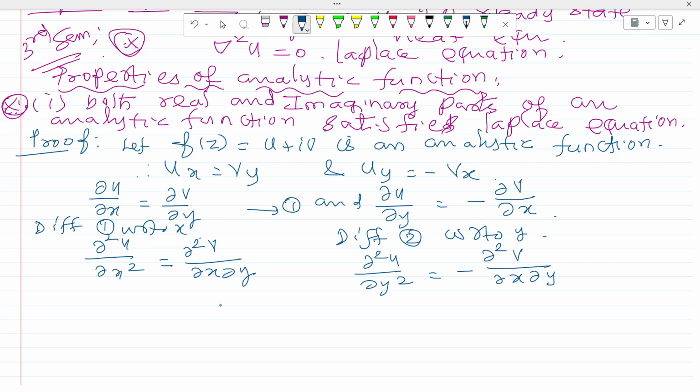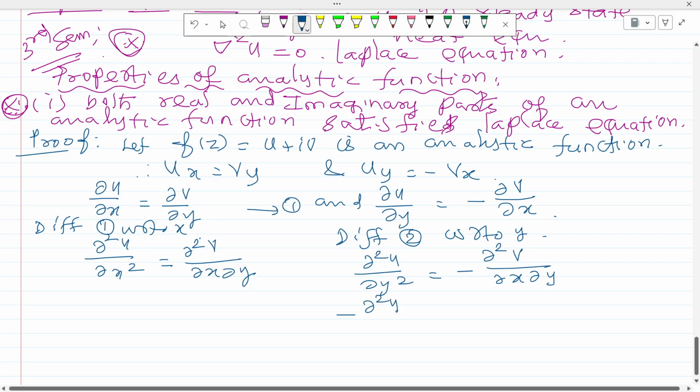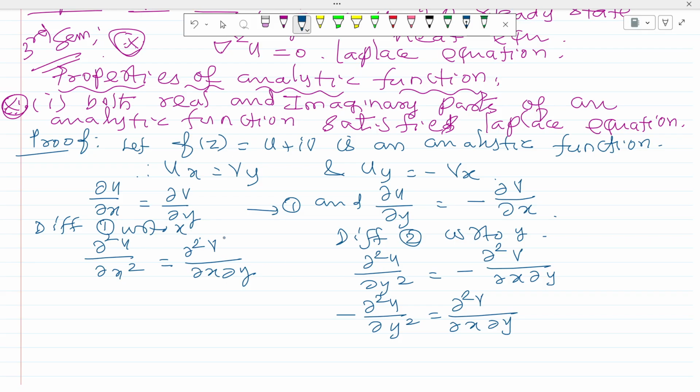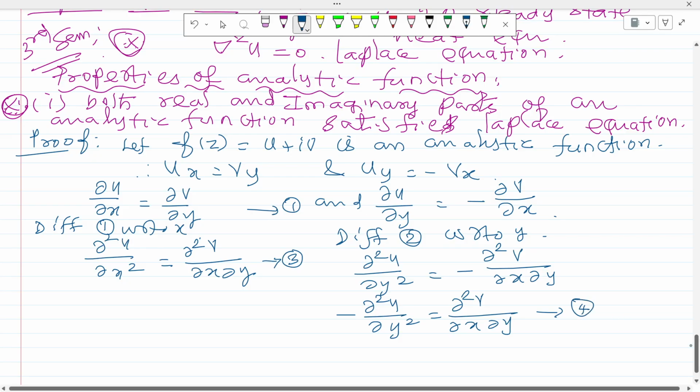Is it not? Now we can write this as minus of dou square u by dou y square equal to dou square v by dou x dou y. Now see this. Here also dou square v by dou x dou y is there. Equating that both. Take this as equation number 3, this is equation number 4.